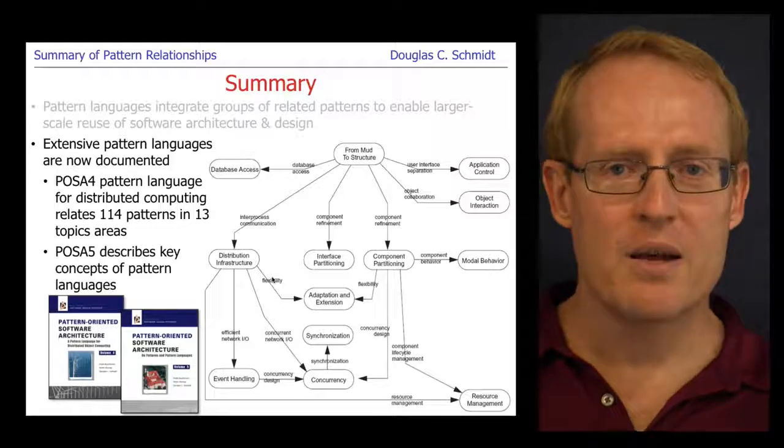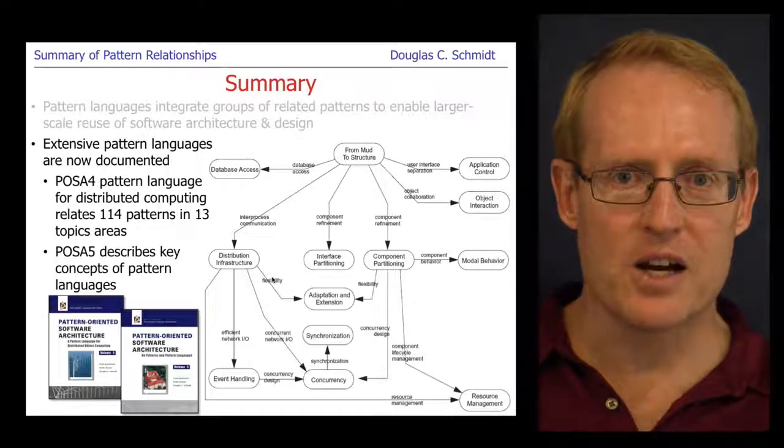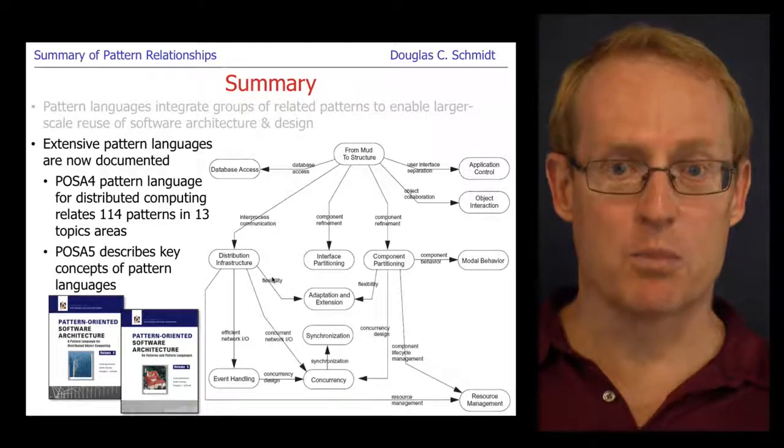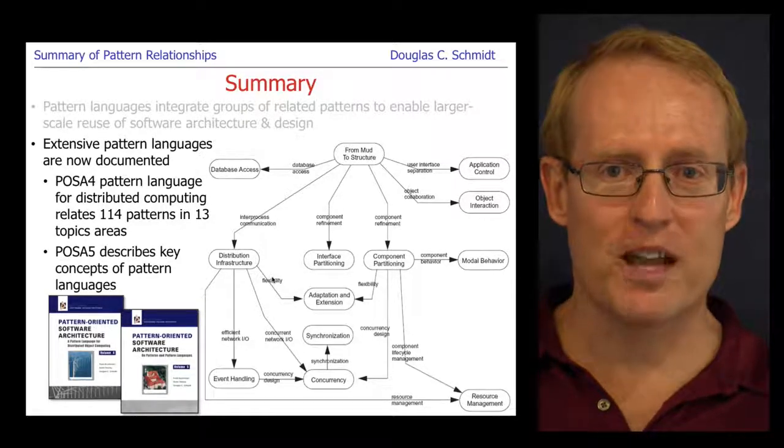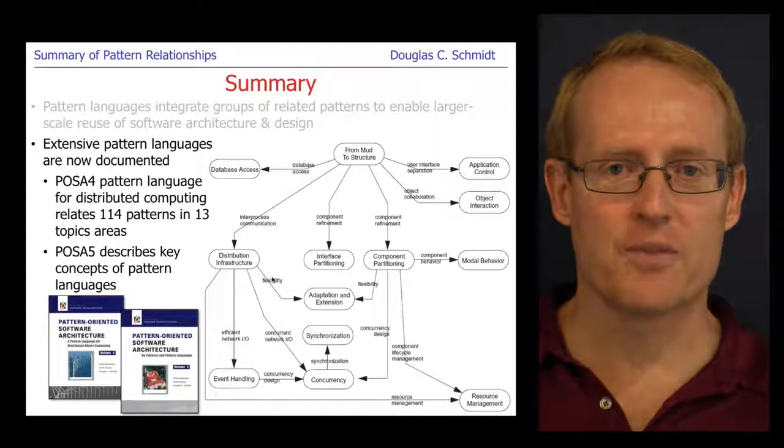And you can learn many of the things we've been discussing here in much greater detail at much broader scope by taking a look at the more comprehensive pattern language in the POSA 4 book.